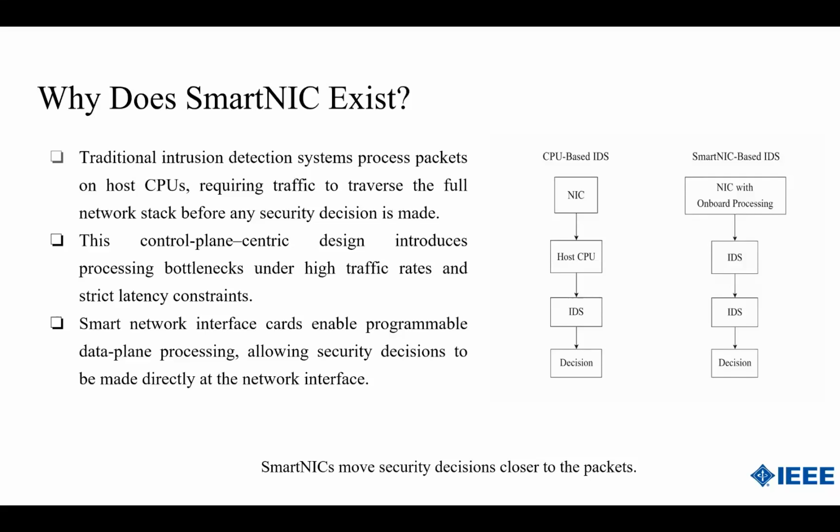To address this issue, SmartNICs are introduced. Traditional intrusion detection systems process packets on host CPUs, requiring traffic to traverse the full network stack before any security decision is made. This control-plane-centric design introduces processing bottlenecks under high traffic rates and strict latency constraints.